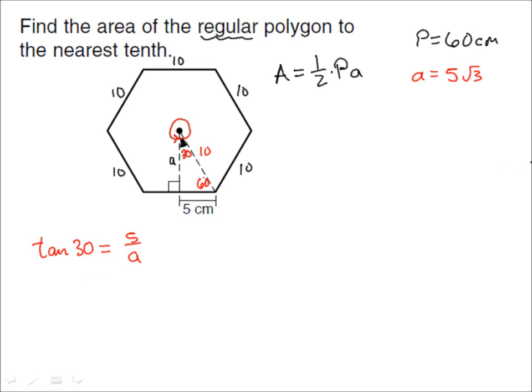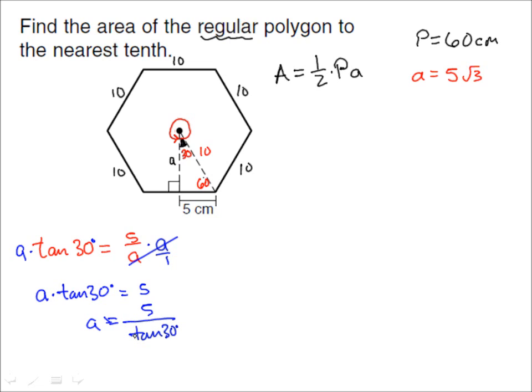Probably a good step would be to multiply both sides by that variable, so we're not dealing with a variable in our denominator. If I cancel the a's here, this becomes 5 over 1. And on this side I have a times the tangent of 30 degrees is equal to 5. These are expressed in degrees. Therefore a is equal to 5 divided by the tangent of 30.